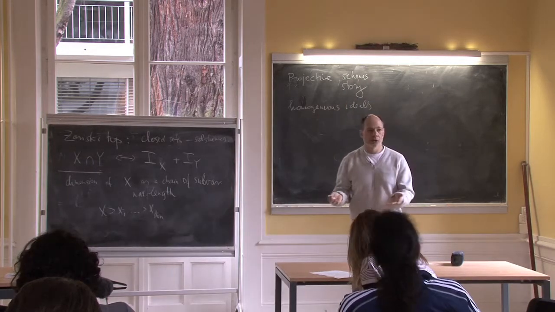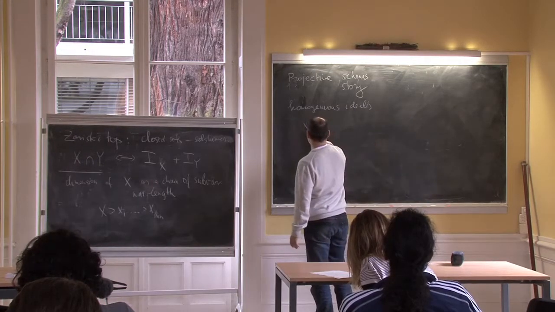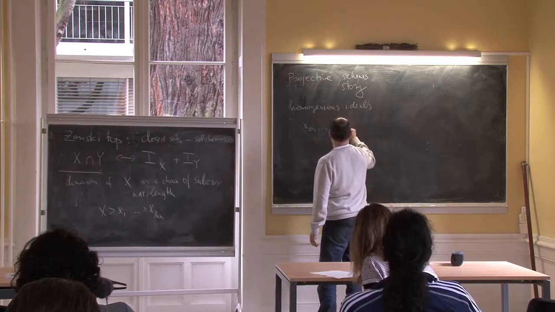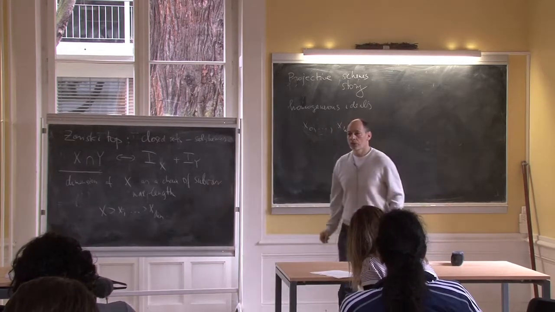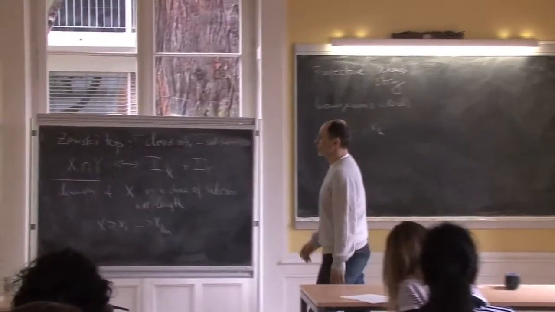So what I mean is that they are generated by homogeneous polynomials in the variables x0, ..., xk. So you look at this ring, but now you look at homogeneous ideals instead of arbitrary ideals.